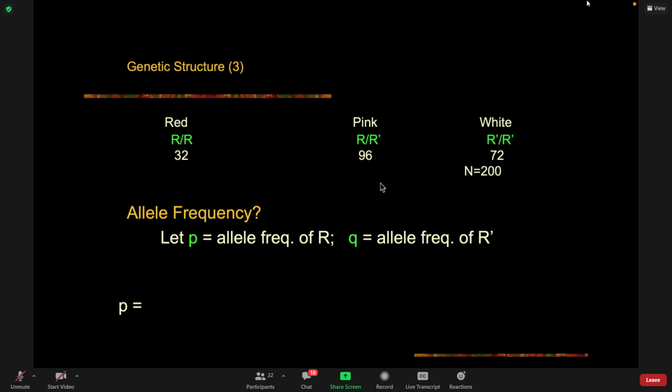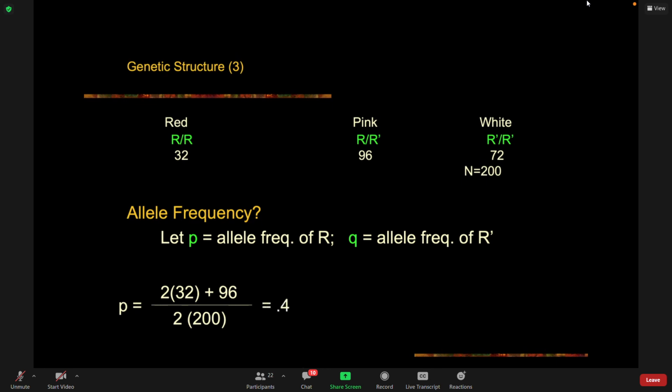And in the pink individuals, how many big R's do we have? 32. In the white individuals, how many big R's do we have? 0. Okay, so P is going to be equal to 2 times the number, 32, plus the 32, divided by twice the sample size. And that turns out to be 0.4.